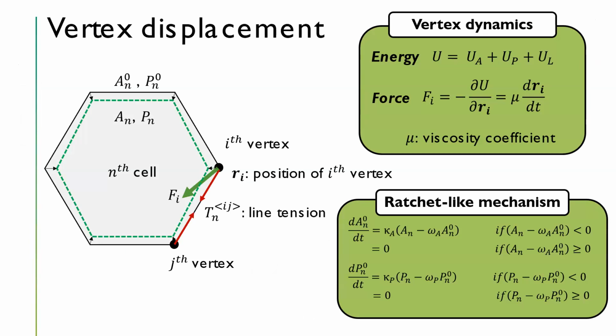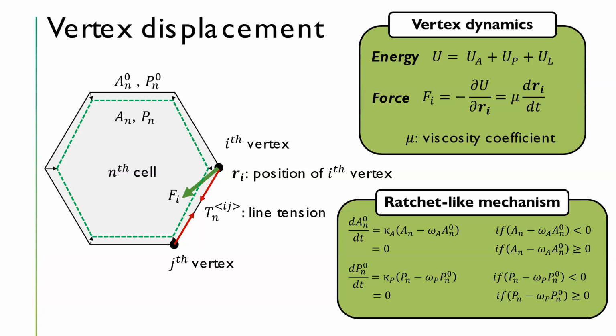The line tension at the cell edges wants to contract the cell, whereas the elasticities want to restore area and perimeter to the natural area and perimeter values. But of course, it can't get all the way there because of the tension. So you settle at a steady state between the tension and the elasticities.